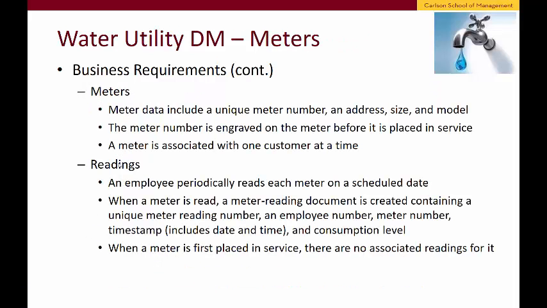I believe this is number 6, to add a meter entity. Looking at the description, with a meter number as a primary key, we have an address, size, and model.